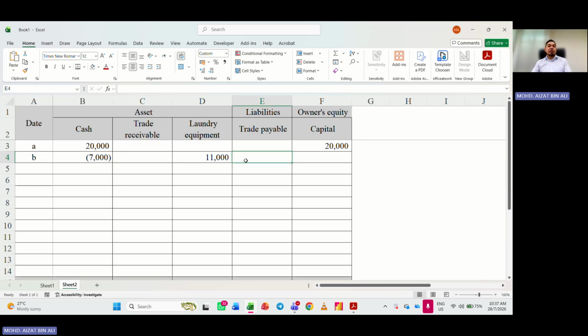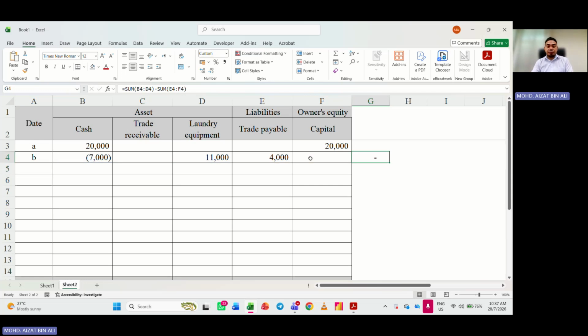That seller would be the trade payable. So trade payable, the amount of money that we owe them is 4,000 ringgit. Again, just make sure total debits is equal to total credits.